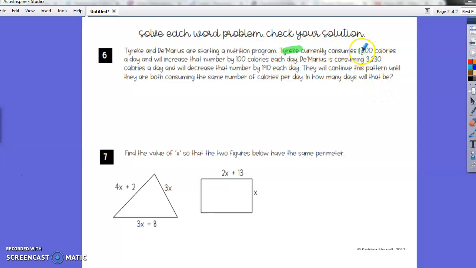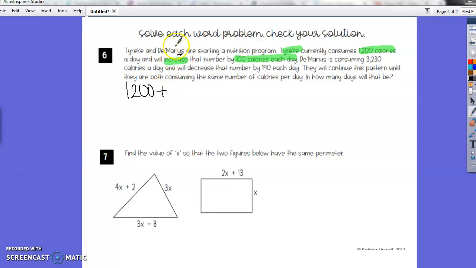So Tyreek is currently consuming 1,200 calories a day and will increase that number by 100 calories each day. So if we look at this, he's starting with 1,200 calories and will increase. So we need to think what does the word increase mean in math?